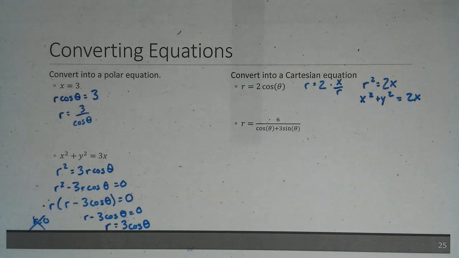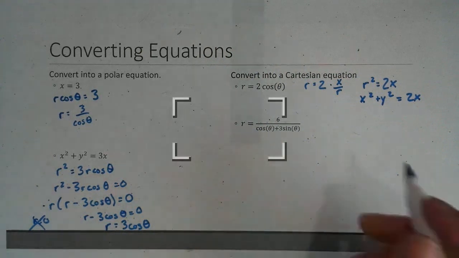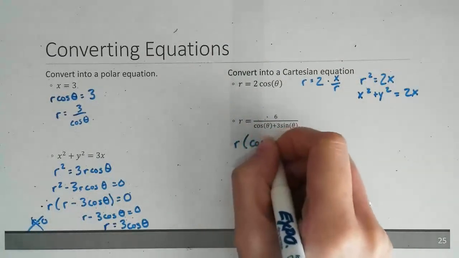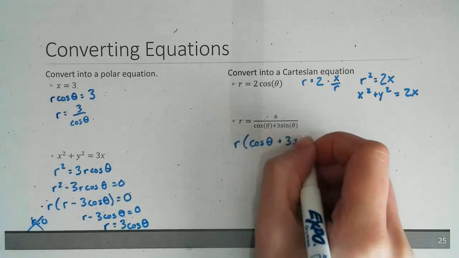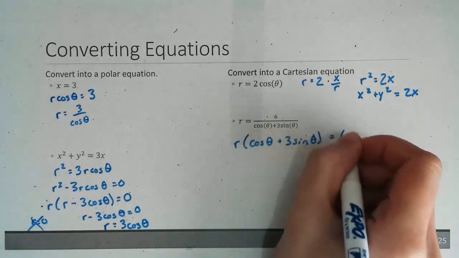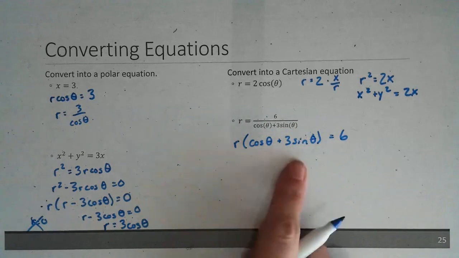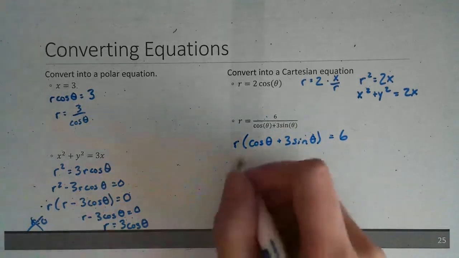Finally, we're looking at r equals 6 over cosine of theta plus 3 sine of theta. That one looks super complicated. I'm going to start by getting rid of the fraction by multiplying both sides by this denominator. So I would have r times the quantity of the cosine of theta plus 3 sine of theta is equal to 6. Now let's switch out sine and cosine for what we know they are.